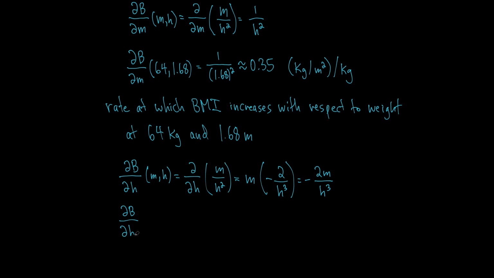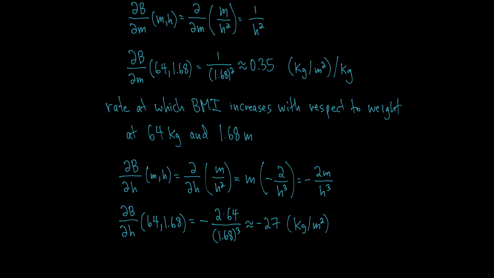So the partial of B with respect to h at (64, 1.68) is equal to minus 2 times 64 over 1.68 cubed, which is about negative 27 kilograms per square meter for our BMI.